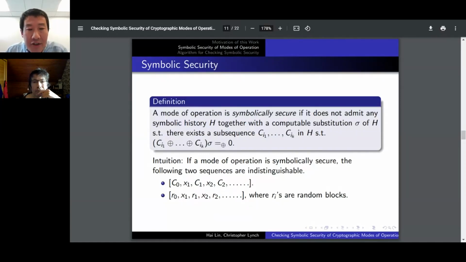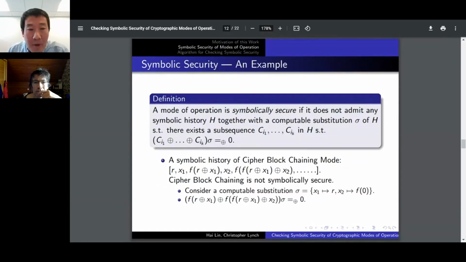And the intuition is if a mode of operation is symbolically secure, then all of the ciphertext blocks are as good as randomly generated blocks. So this sequence of real interaction is indistinguishable from this sequence where all of the Cis are replaced by randomly generated blocks.